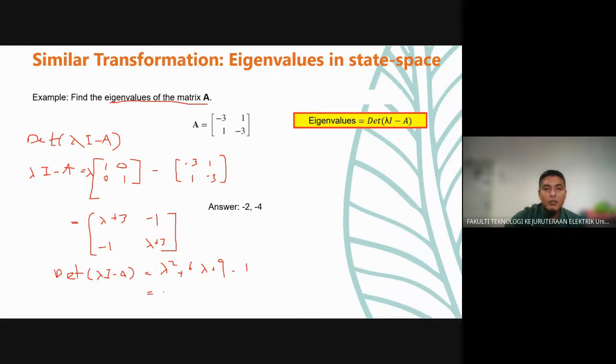And finally, you get lambda squared plus 6 lambda plus 8.